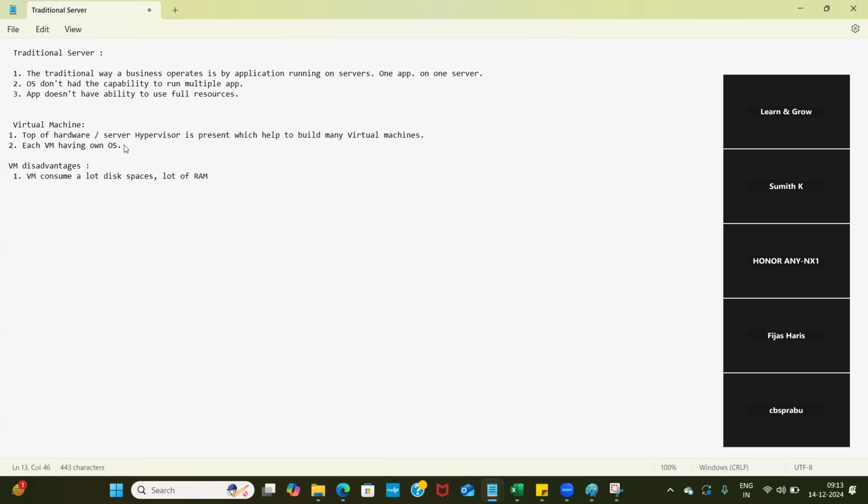And of course, CPU, right? Guys, you tell me. Why does a VM consume a lot of disk space? Why a lot of RAM? Why a lot of CPU?